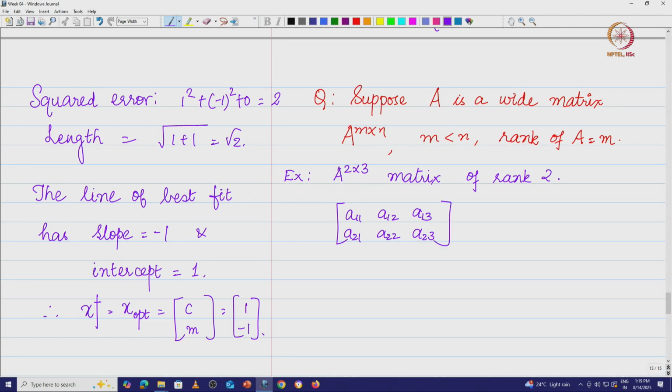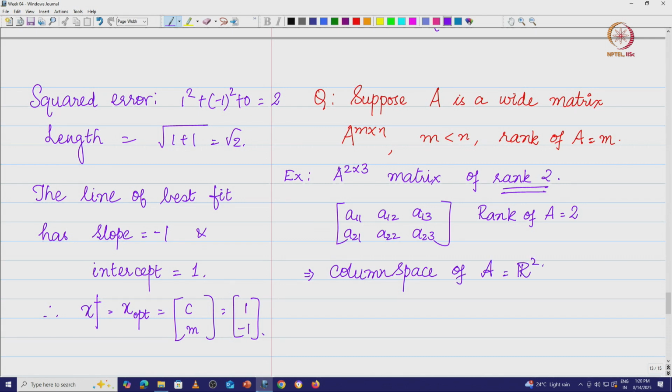Now, this is basically a matrix of 3 columns of 2 component vectors, and we have already said that the rank is 2. This means that there are 2 linearly independent columns in the matrix A, which means the column space of A is basically R2.